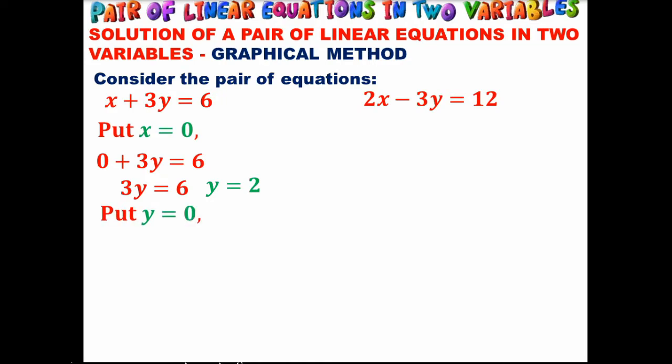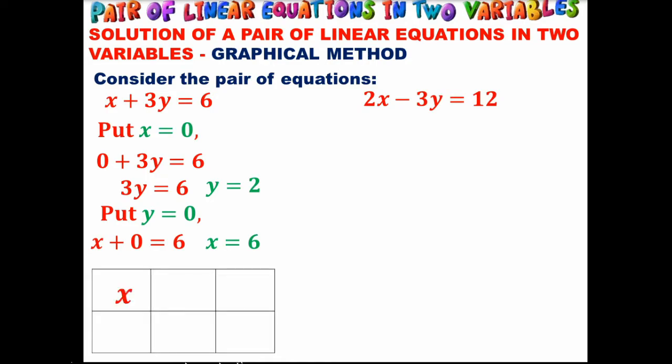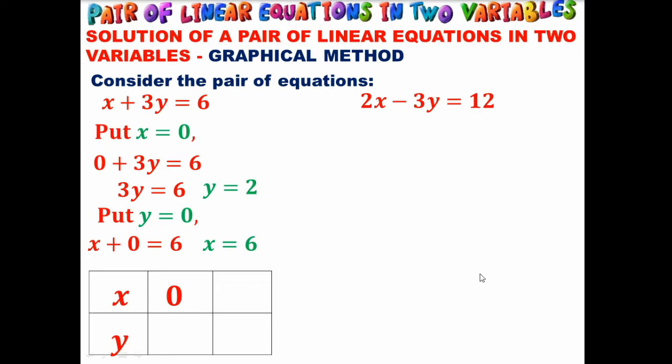Now let me substitute y equals 0 so that the equation becomes x plus 0 equals 6, and hence x equals 6. Therefore, when x equals 0, y equals 2. When y equals 0, x equals 6. So I have tabulated the values. So I have found the coordinates for the first equation.